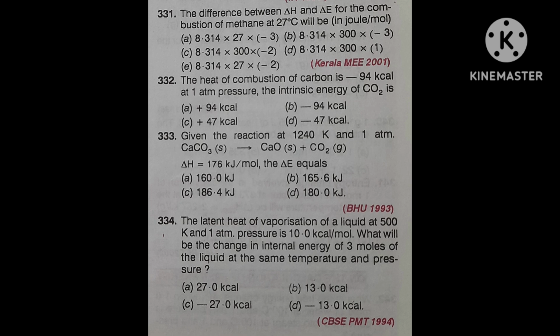Then you put all three values. Minus 2 into 8.314 into 300. You have to not simplify. Directly you have to see the option. Then you will find 8.314 into 300 minus 2. Third option.